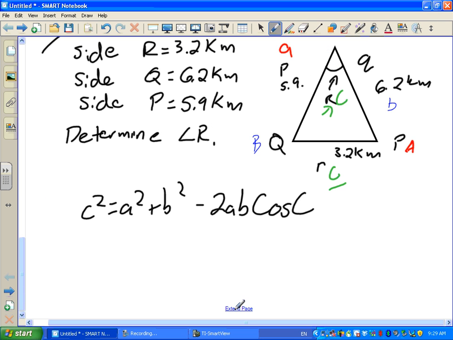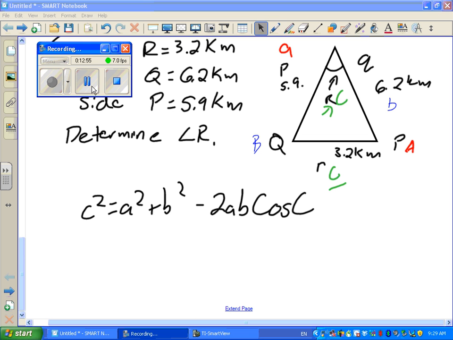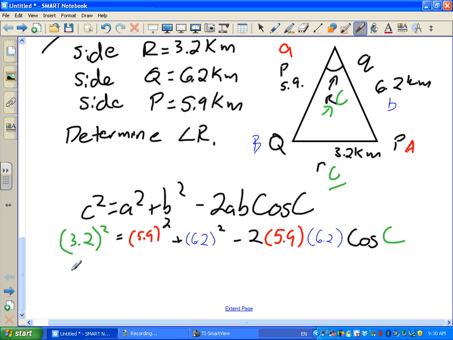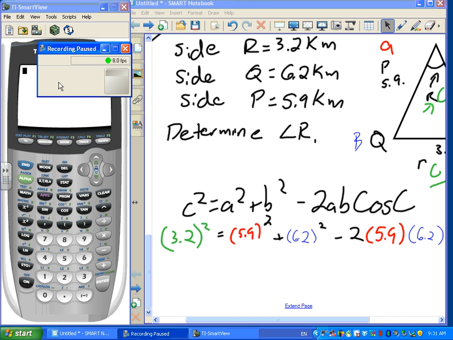So, okay, I've plugged in our side C, A and B. There's A and B again, and we're still looking for angle C. We've plugged them into the cosine formula. We're going to have to solve these all. So, let's get our calculator out. I'm going to quickly square these so you can see what they'll look like.